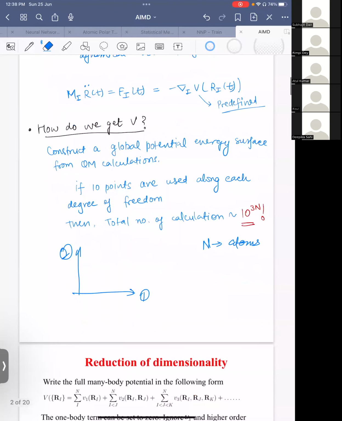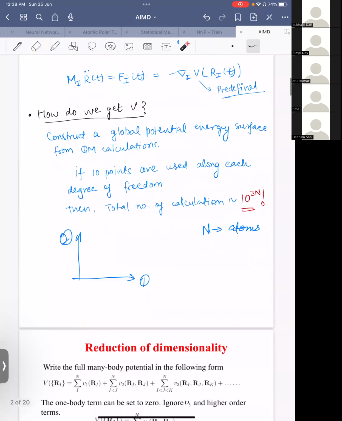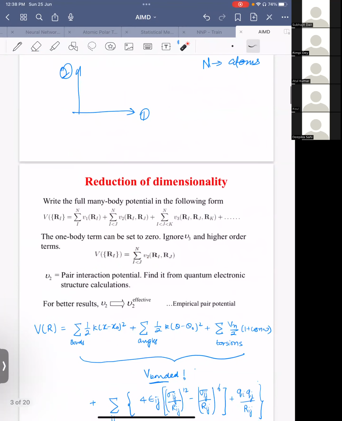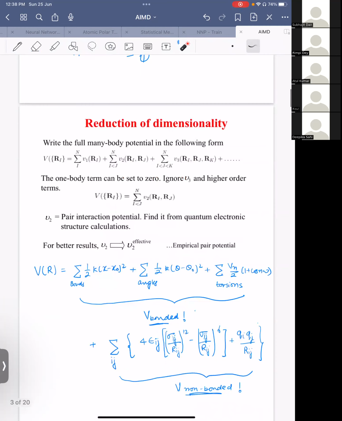So the idea of molecular dynamics is to reduce the potential to a pairwise interaction potential, up to a two-body system. This is the empirical form of the potential which we use in molecular dynamics simulation.